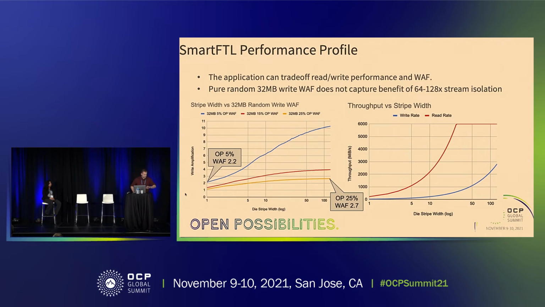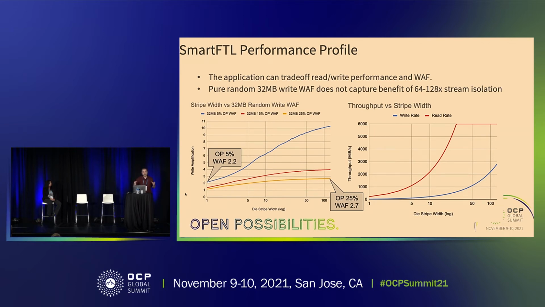So before we run out of time, this slide gets to the performance profile and why we see this as being one of the key value points of something like SmartFTL. Core to this is the point I made earlier about RAID, right? If you have RAID, it implies a very rigid layout.